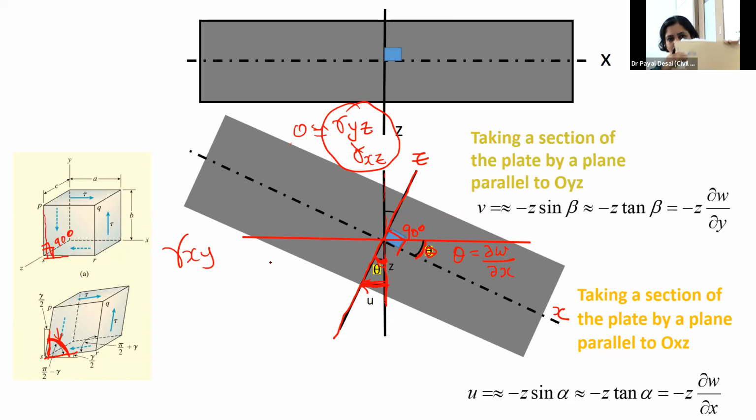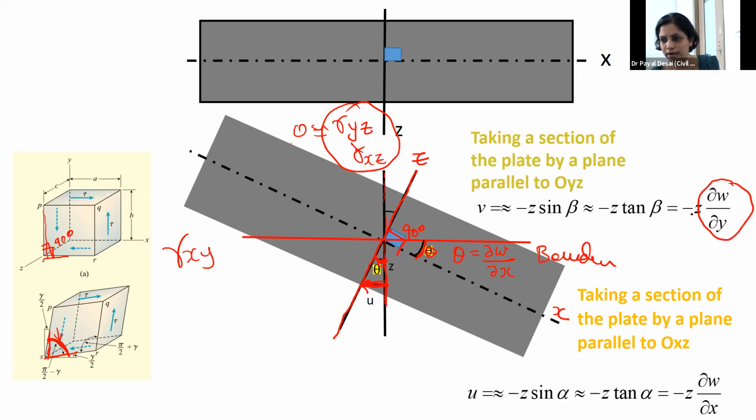Okay, the plate has two surfaces, so we are talking only about this one, and similarly you can see on the other side, which is covering the y axis, it is the same, but you get the rotation in the y direction, that is del w by del y. But these are bending rotations.